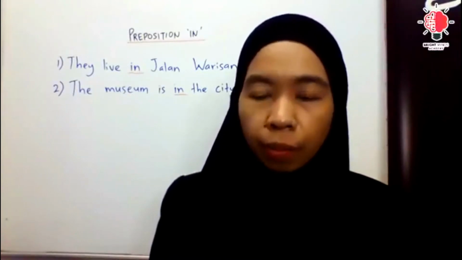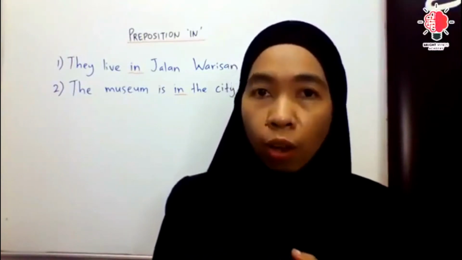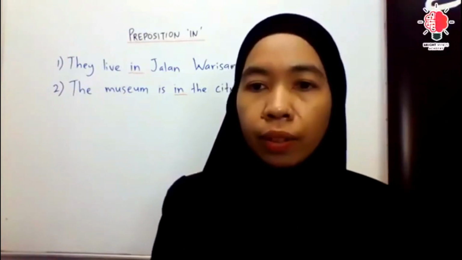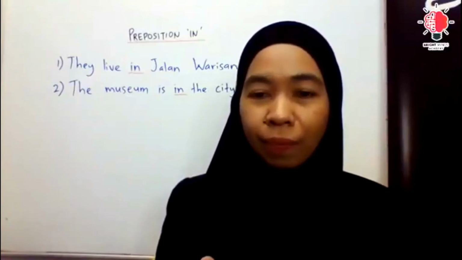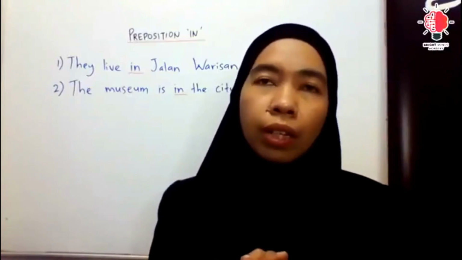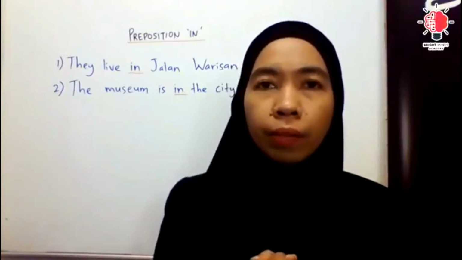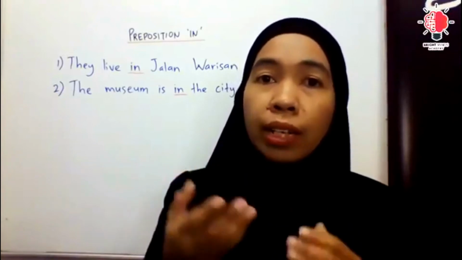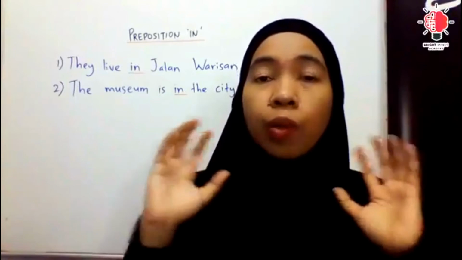I've left my bag in your office. So your office is actually an enclosed area, okay, or a room, right? Okay. So another example. Why don't we have a picnic in the park? So a park, we know that we are already in the park when the park surrounds us.